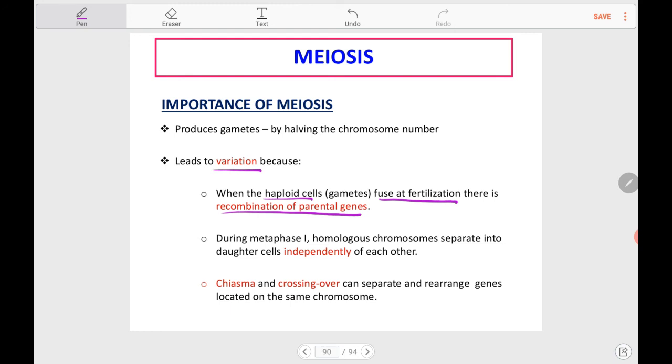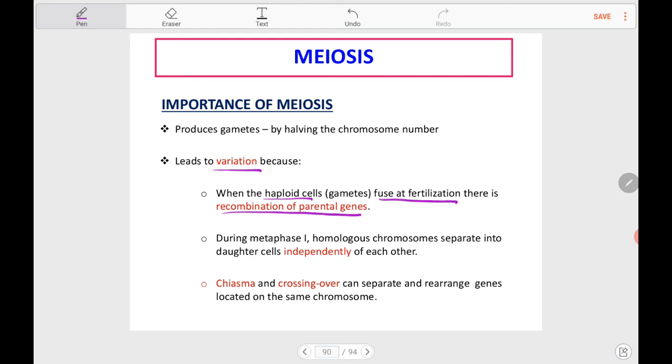That's why setiap adik-beradik tidak sama dia punya karakteristik, unless adik-beradik itu adalah kembar seiras, baru sama. Kalau bukan kembar, setiap adik-beradik itu tak akan sama, mainly because of fertilizations of gametes that contain different gene composition. Kenapa different gene composition? Because the cell was produced by meiosis, bukannya mitosis.